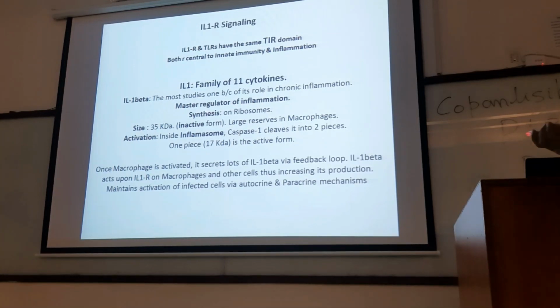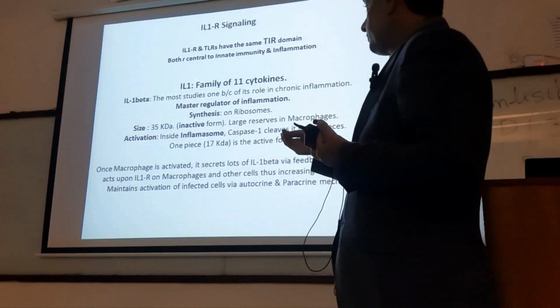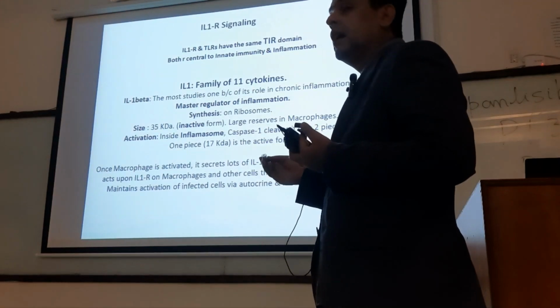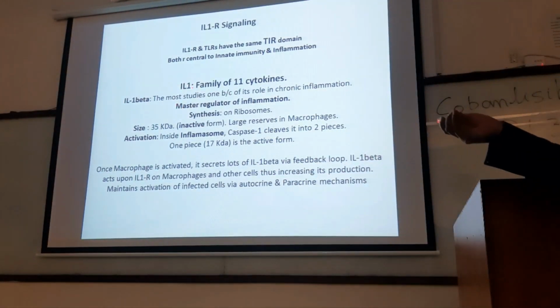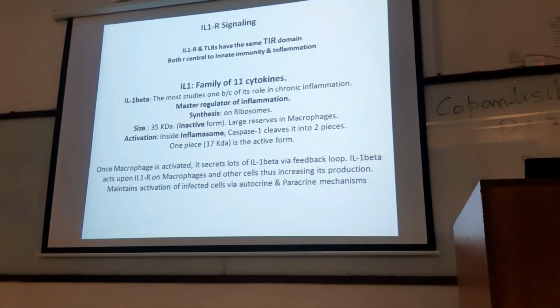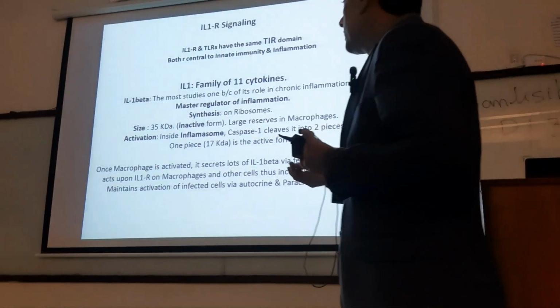Okay? So what is interleukin-1? Interleukin-1 is a cytokine, and it's not a single cytokine. Interleukin-1 is a whole family of cytokines. There are 11 different cytokines in the interleukin-1 family.